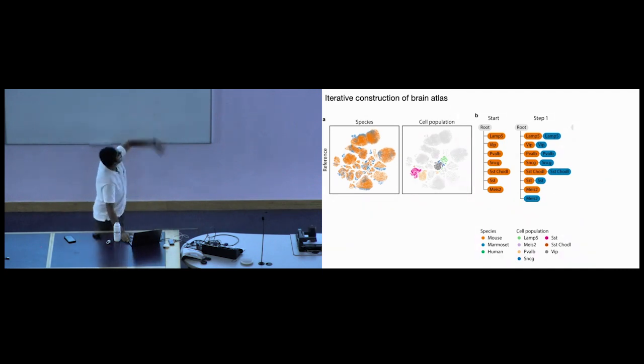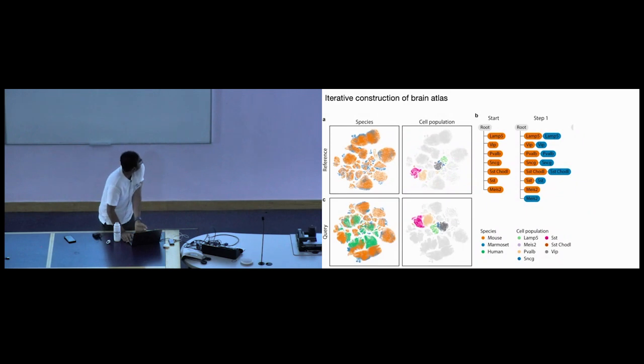So you could see this starting tree, and then upon the addition of the second data set, some of the cell types are basically mapped to the same level of hierarchy. And then you see this mice2 population at the end of the tree, where there are similar annotations, mice2, but they were not mapped together.